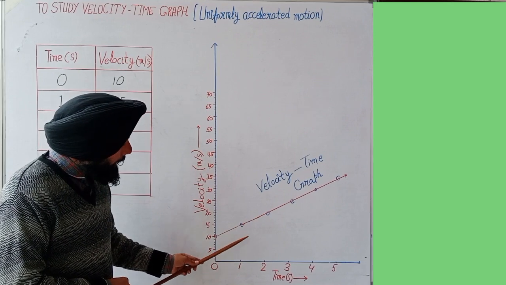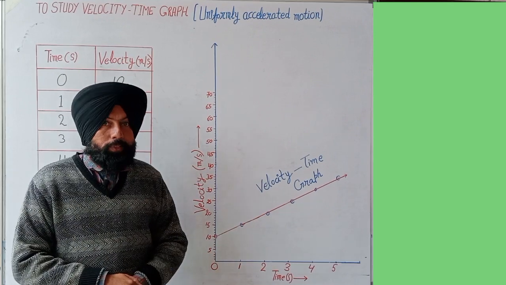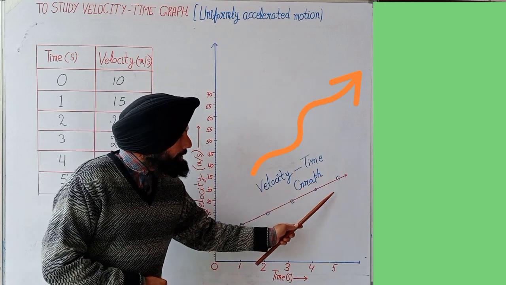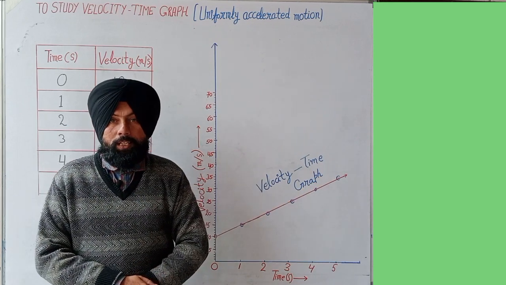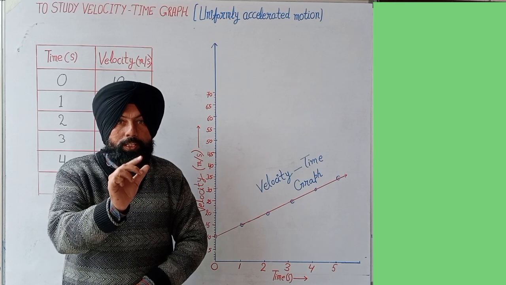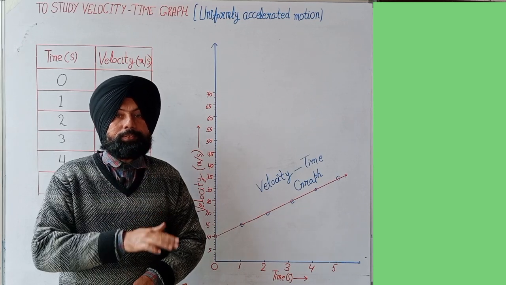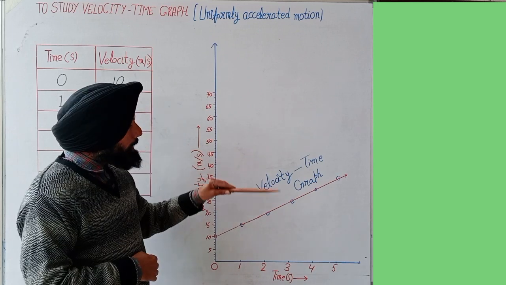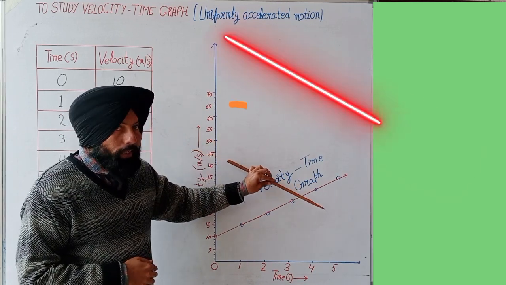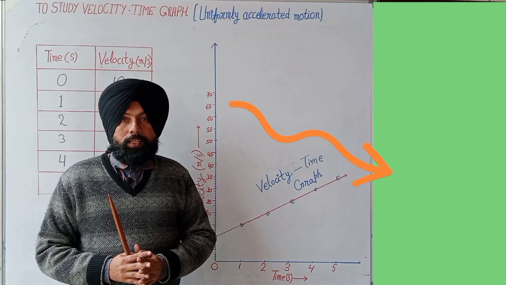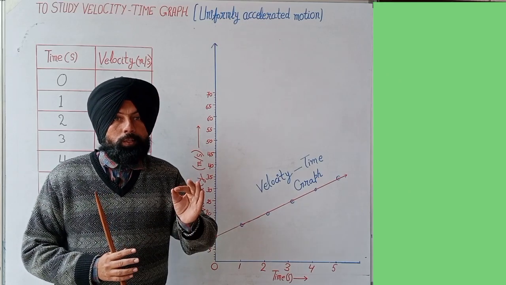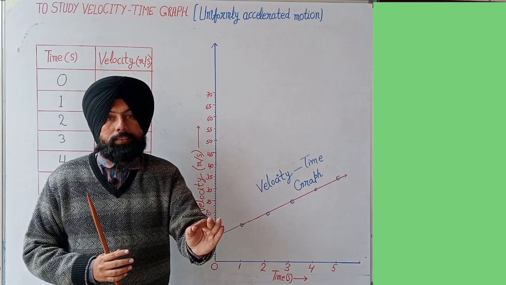Now the graph is a straight line and inclined with the time axis. If the graph goes in the upward direction, like in this case, it is a positive acceleration. If the graph goes downward, then the motion is a uniform negative acceleration.